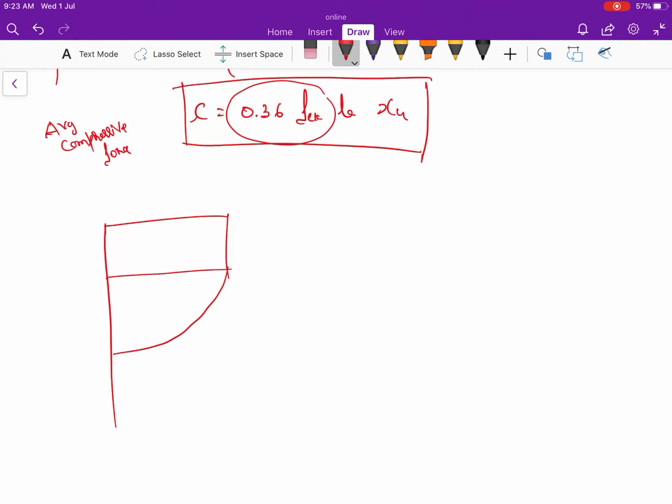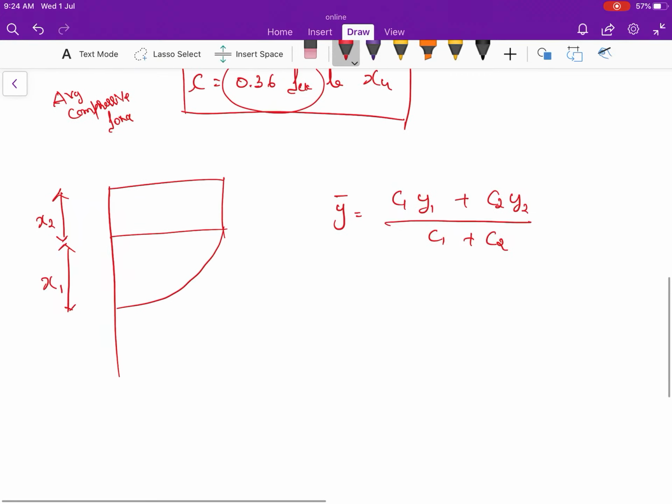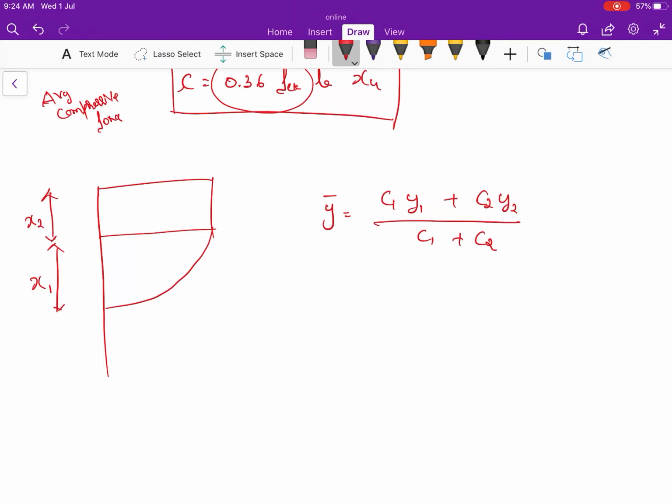Is it fine? If this is the thing, we know this way is x2 and this is x1. For this we know y bar. We need to find the average y bar. Y bar is equal to C1 y1 plus C2 y2 divided by C1 plus C2. Similar concept. So what is the value of y1? See here, according to this figure, this is 3/8 times of x.